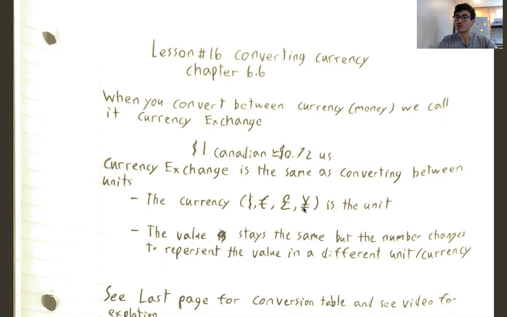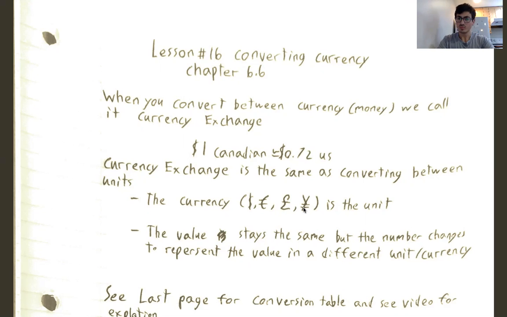When we're converting between units of measurement, we always knew that 1 yard is going to equal 0.91 meters. I think I got it mixed up when I first said it, but that was the right one. With converting between currency, you always have to look for the latest change because it changes every day depending on how the economies are going in different countries.